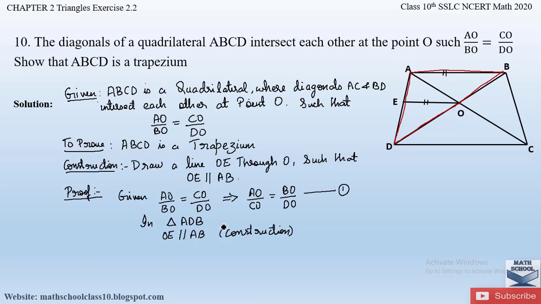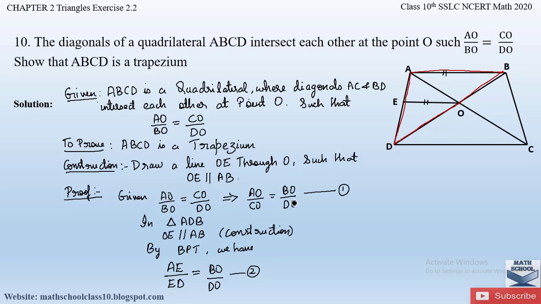Let us now apply the BPT theorem: any line intersecting two sides of a triangle and parallel to the third side divides the other two sides in equal proportion. Therefore, by applying the BPT theorem, we have AE by ED is equal to OB by OD, that is, AE by ED is equal to BO by DO. Let this be equation number 2.